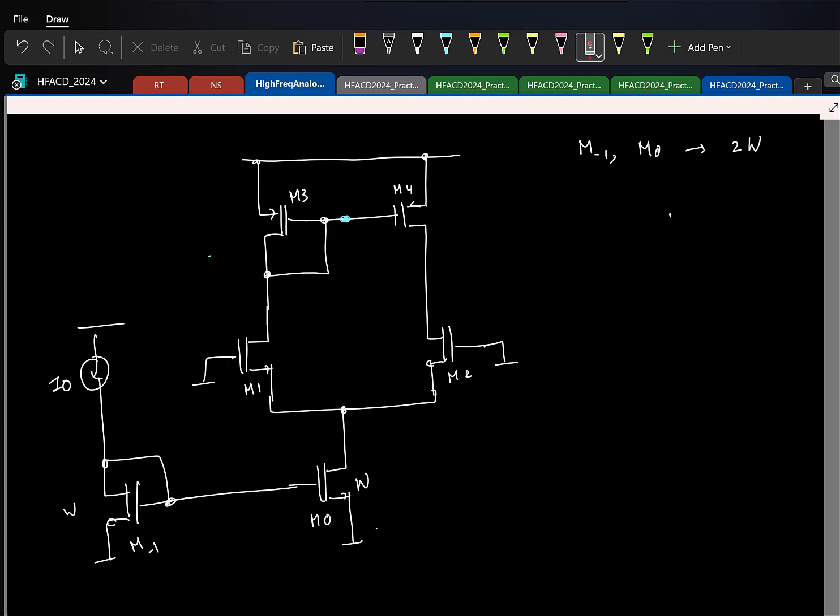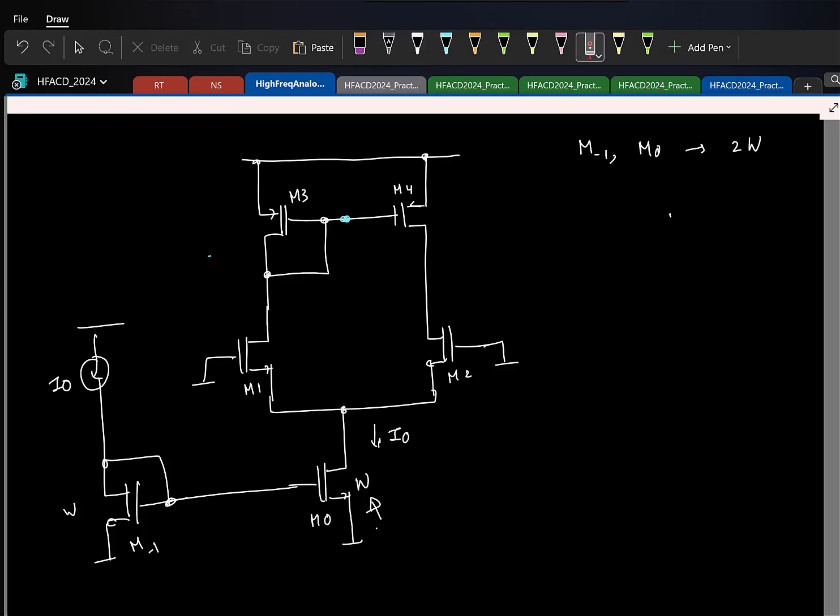I0 is the same. So if, for the same current I0, I increase the width of this guy, what will happen? The current is the same, I am increasing the width. What will happen to the overdrive?